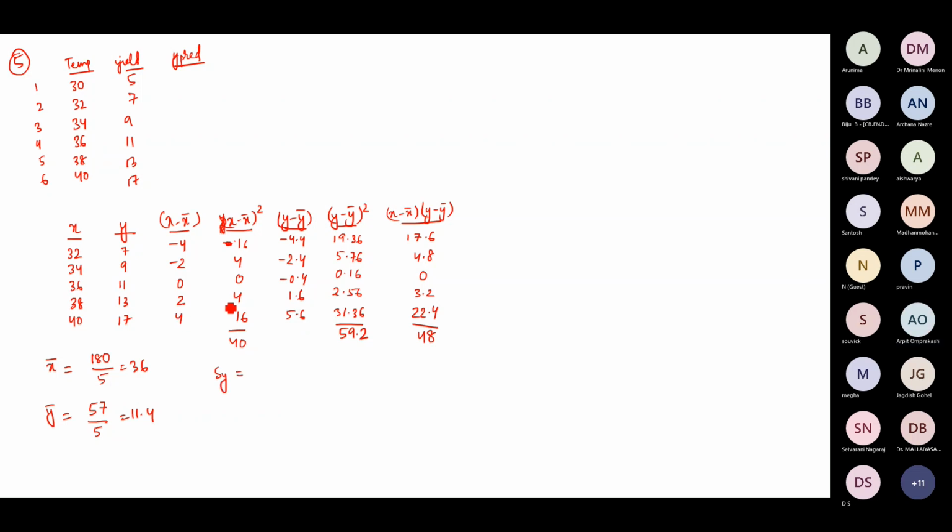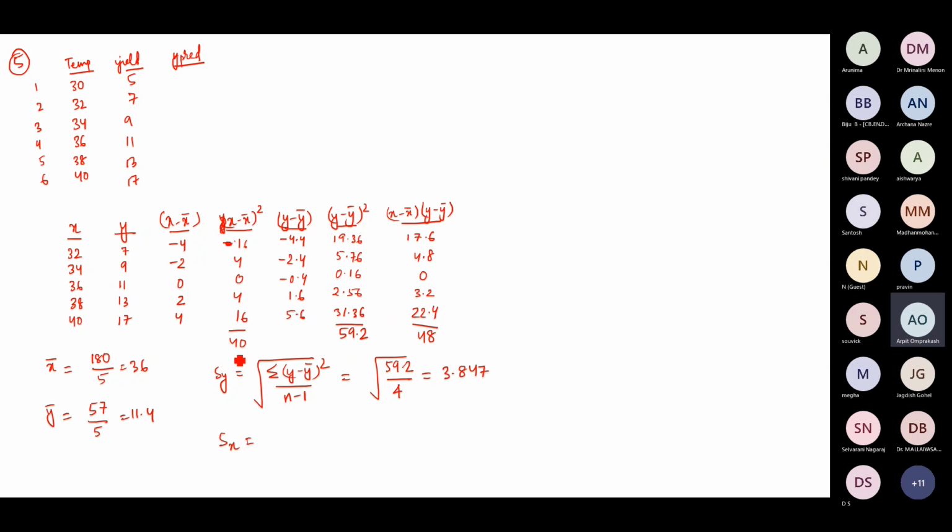Sy is given as the root of summation of y minus y bar whole square divided by n minus 1. The summation is 59.2, and n minus 1 here is 4 because we have 5 data points. 59.2 divided by 4, root over, will be 3.847.